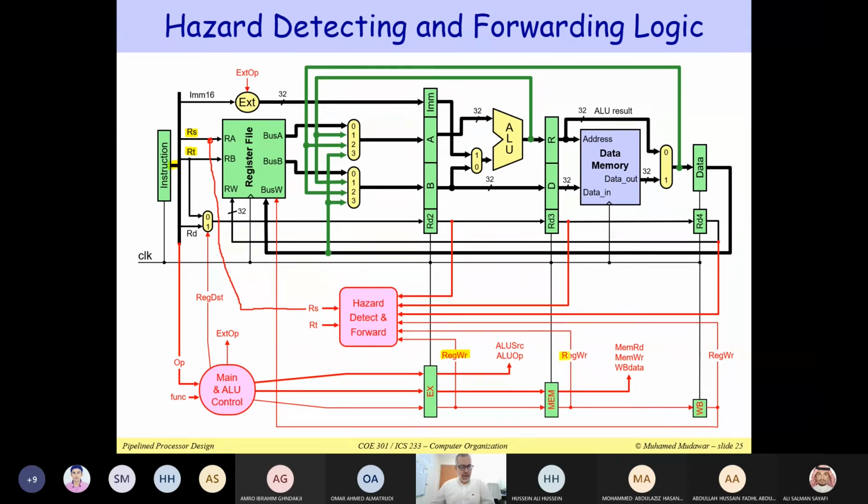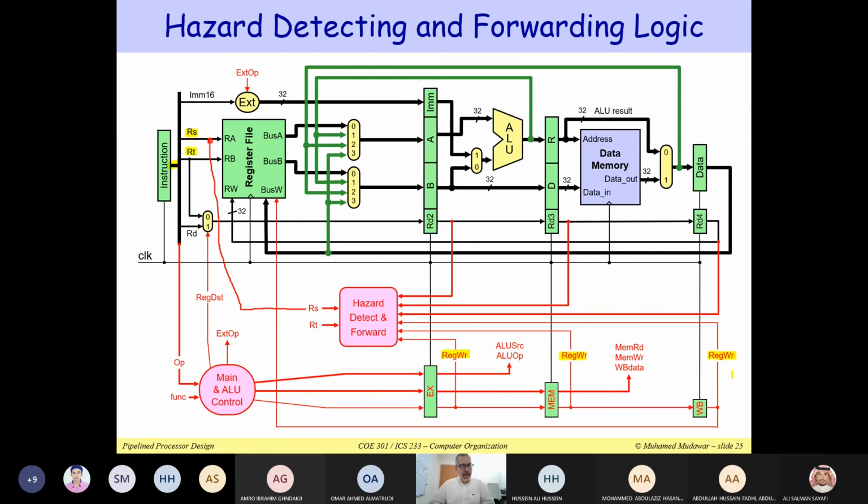I also have register write for the instruction in the memory stage, and here is the register write for the instruction in the write back stage. So we have multiple instructions in the pipeline at the same time, and each one has its own control signal. We are propagating these control signals from one stage to the next one. So all of these have to be checked as well.